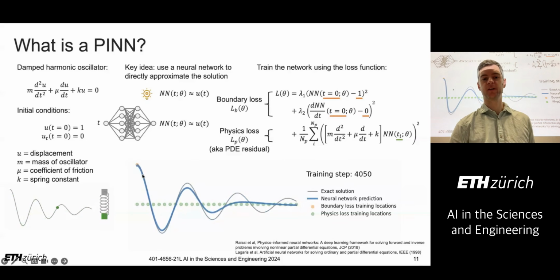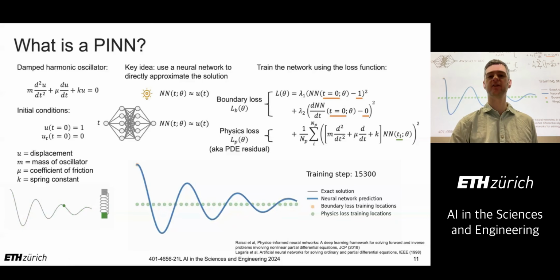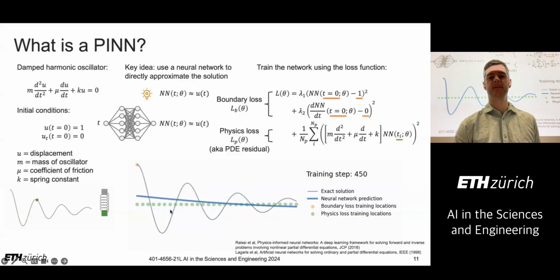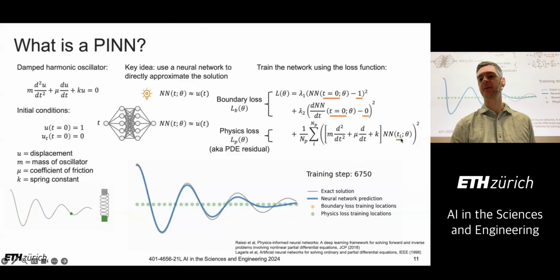I'm plotting the boundary point, which is just t equals 0. This is the boundary point that we're matching to in the loss function, and we just have one point in this case for this single 1D equation. And then the green points here are what we call physics loss training locations, or we also call them the collocation points. These are the time points that we sample the physics loss over to make sure that the differential equation is obeyed at all points in the domain.